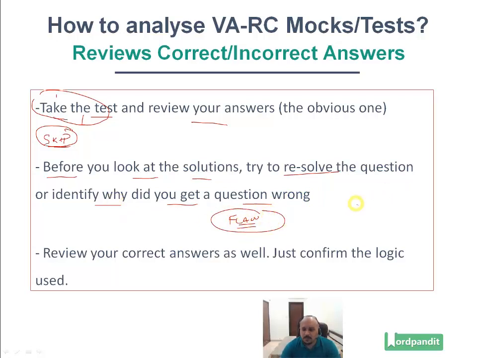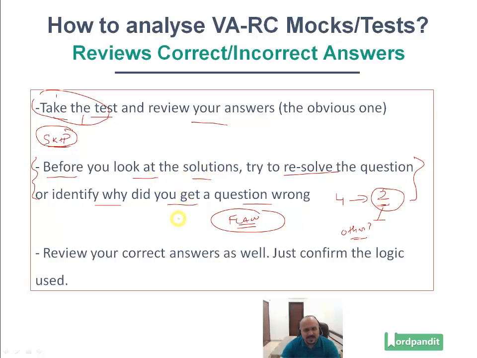Probably if there were 4 options and you were able to nail down 2 options, was it the other option that you picked? Why did you pick this option? Why did you skip the other option? Once you've gone through this analysis, that is when you read the solutions. So before you read the solutions, you need to exercise your brain a little more.